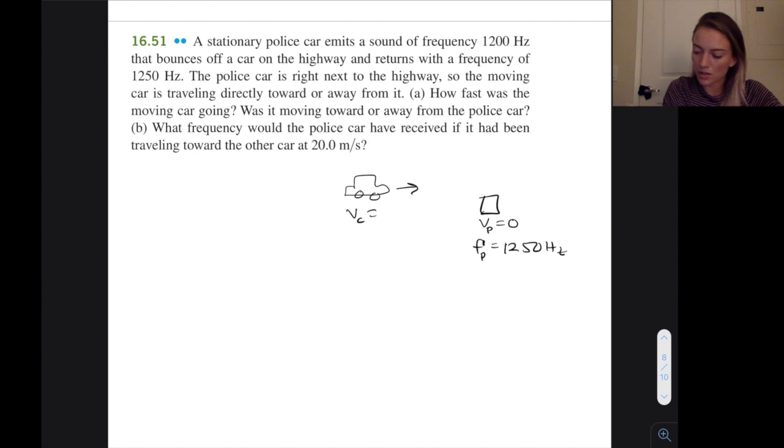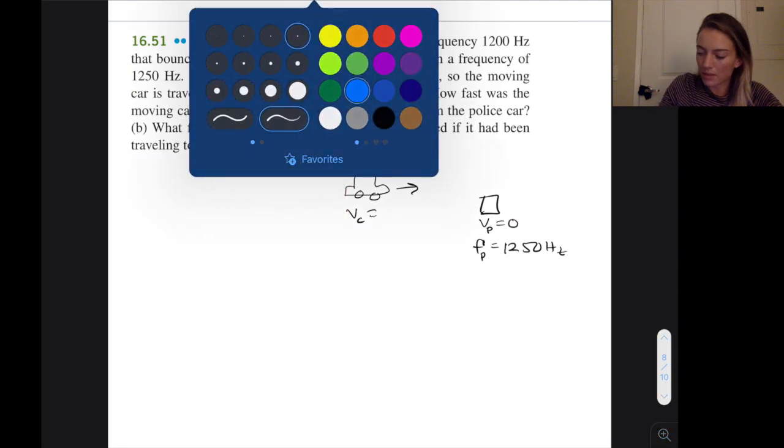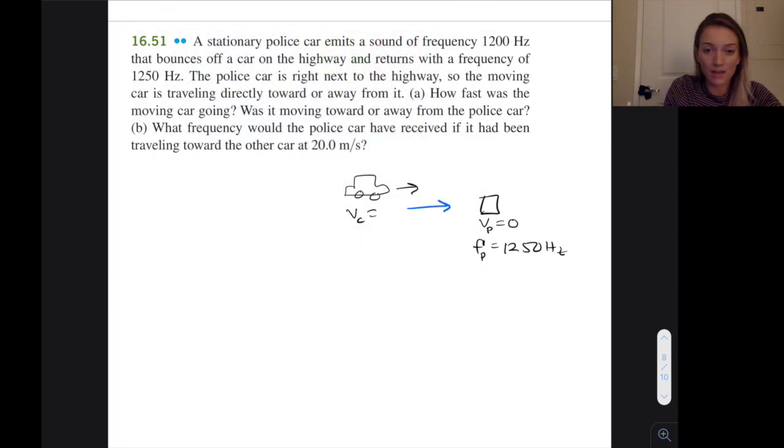So initially, we have the frequency of 1200 hertz going from the cop car to this car. We're going to call this the source and this the listener. So that means that from our listener to our source, this is the positive direction. So we have the frequency of the listener, which in this case is the car.